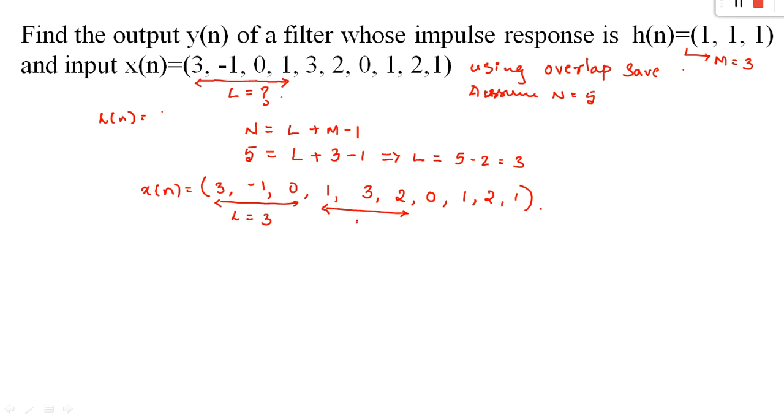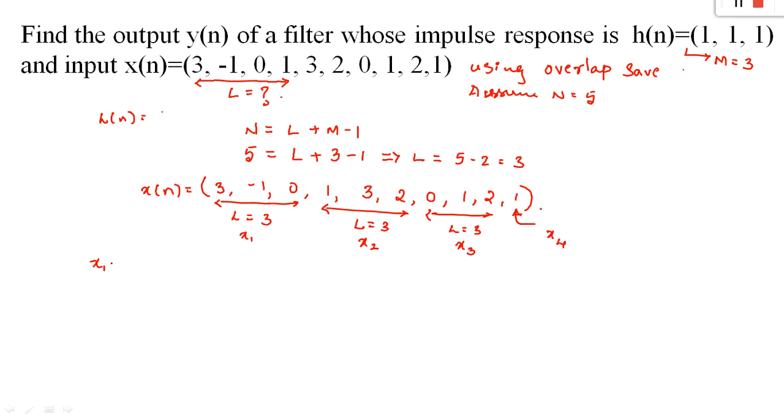So this is one block, this is second block, three elements. Then the third block, l equal to 3. So this I will call x1, this x2, and this x3, and I am left with one more, so I must take care of this one also, that is x4, right?